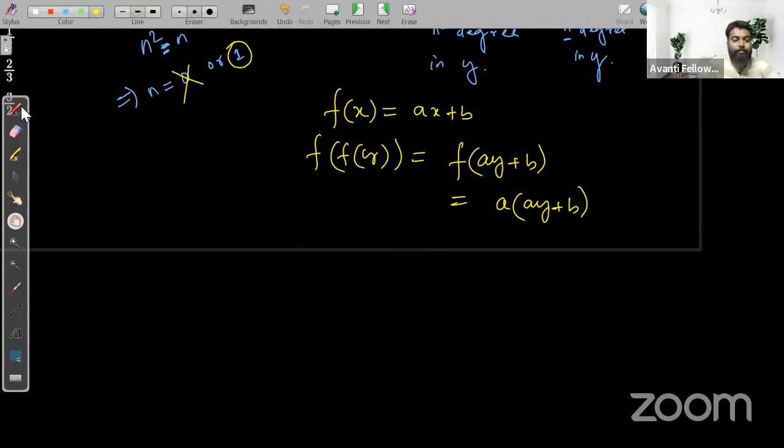So this is actually equal to f of y plus 1. From here we can say this is equal to f of y plus 1.